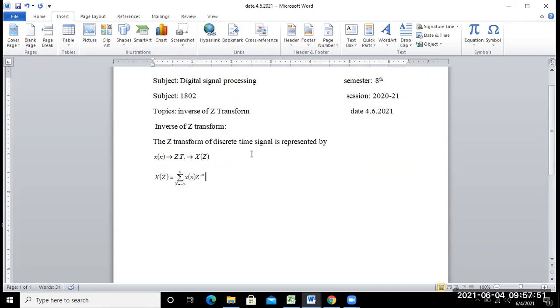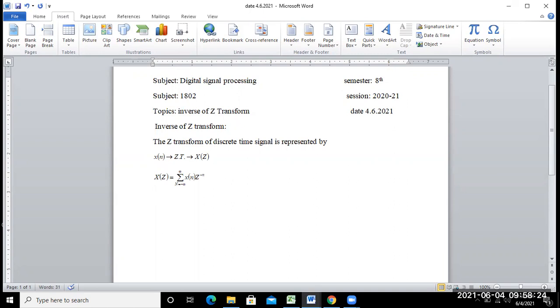If any continuous time signal xt can be converted into frequency domain by the Fourier transform or Laplace transform. Just here let me mention some standard transforms for time domain to frequency domain.